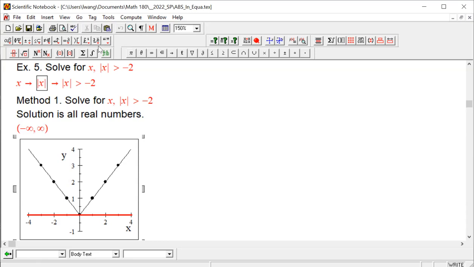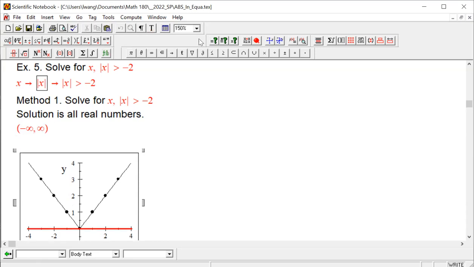And then you say, hey, wait a minute. We talk about the absolute value of any real number, which is positive or 0, right? This is true for any real number x, right? If this is true, then 0 certainly is larger than -2, right?